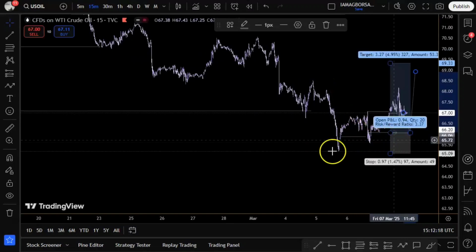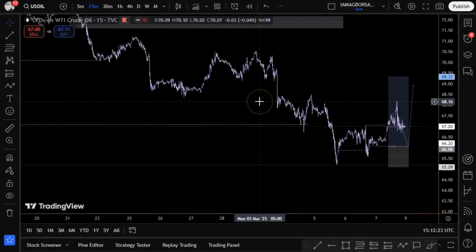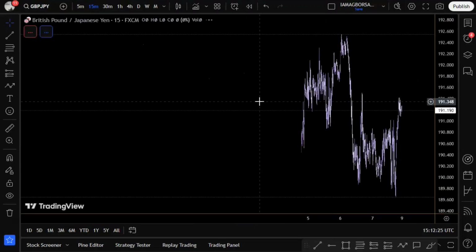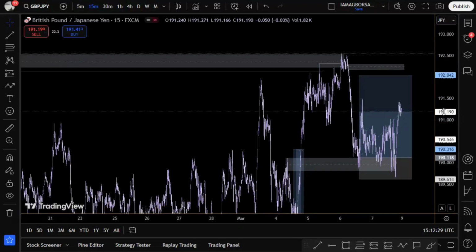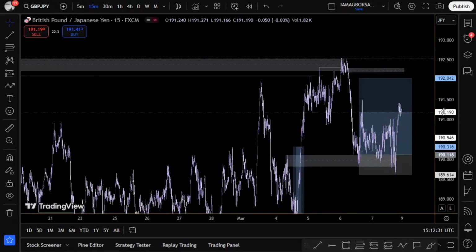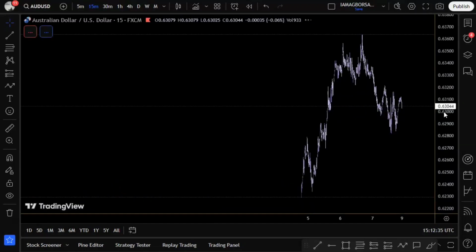Then for GJ, we were able to take some trades, and AUD/USD overall was still holding the trade.